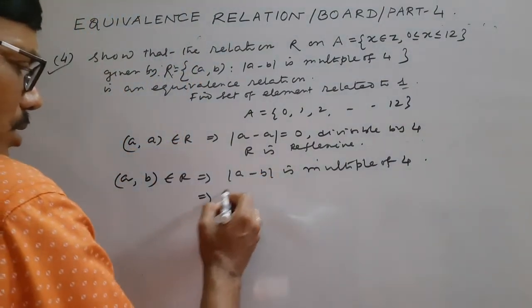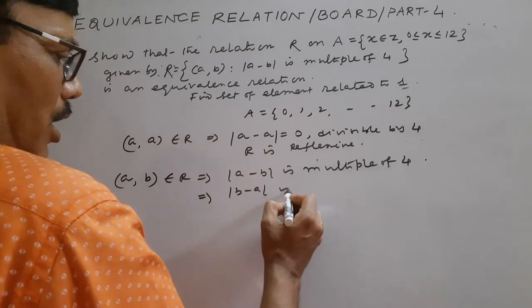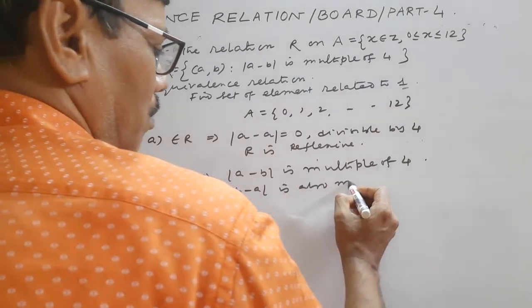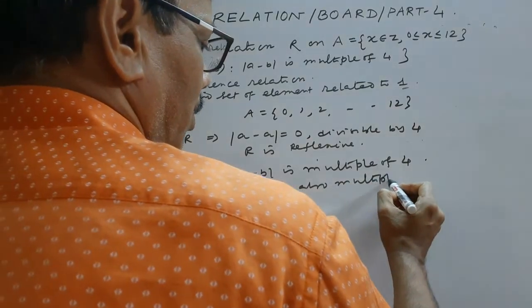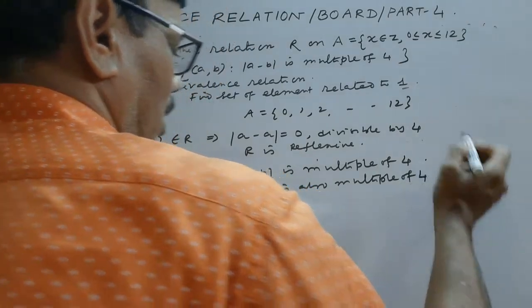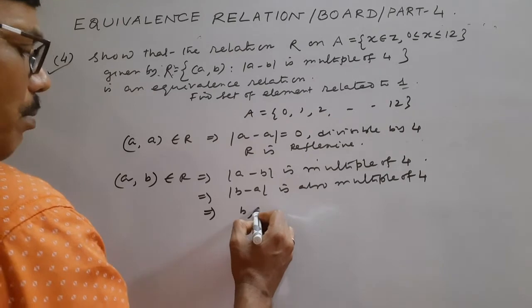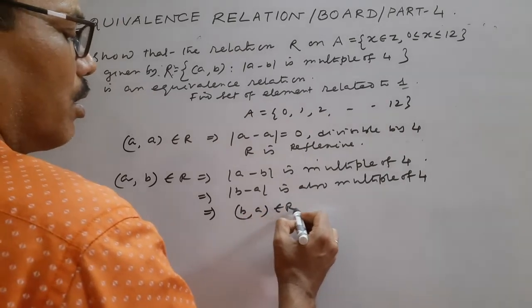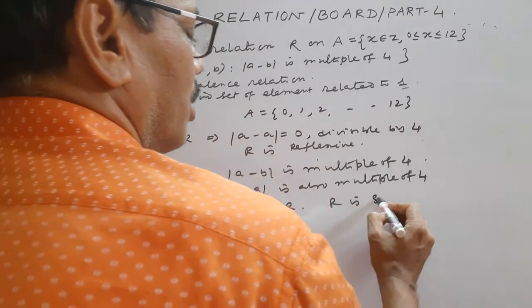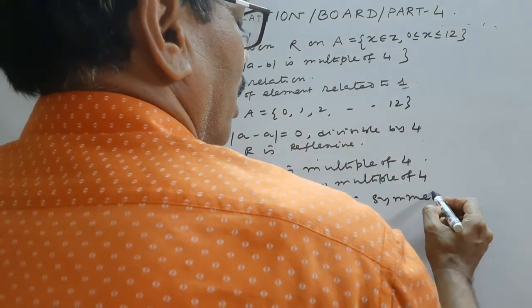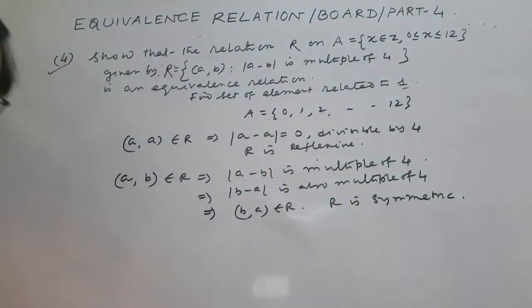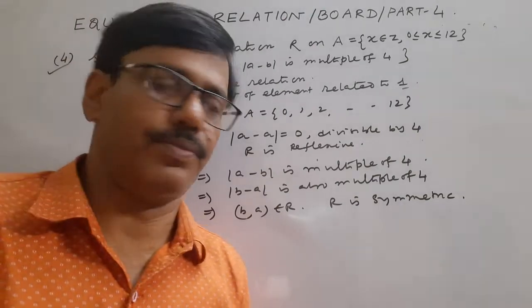So this implies B minus A is also a multiple of 4. So this implies BA belongs to R. So R is symmetric. We have already done this type of problem.